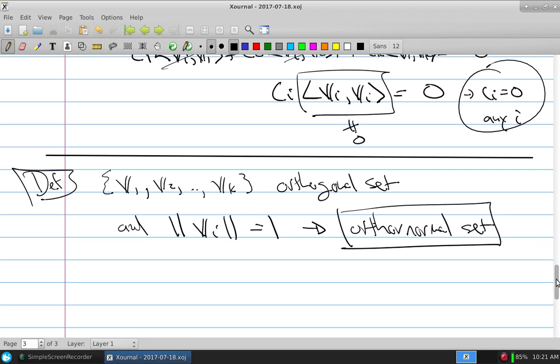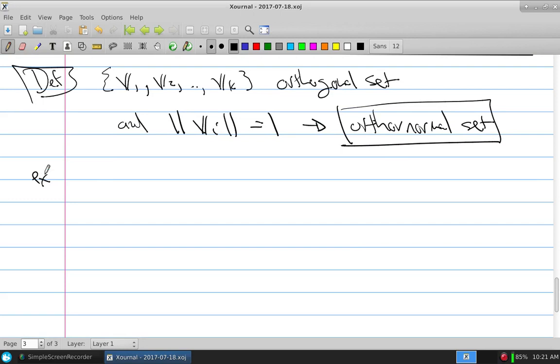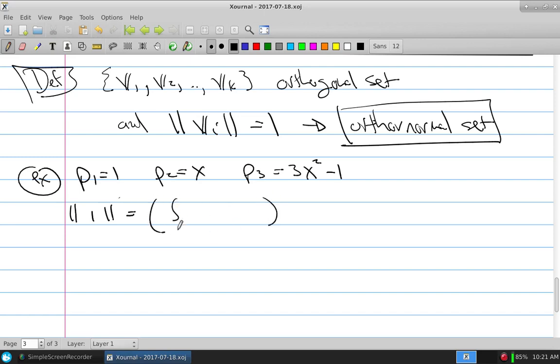So if we go back to our one example, P1 was 1, P2 was x, P3 was 3x squared minus 1. What's the length of 1? It's going to be equal to the integral from minus 1 to 1 of 1 squared dx, to the 1/2 power.